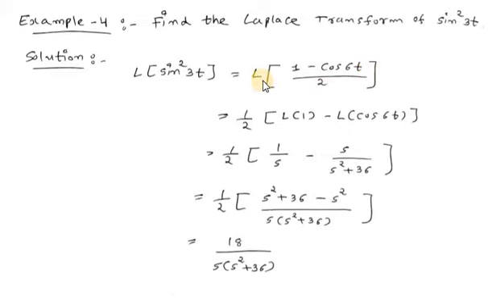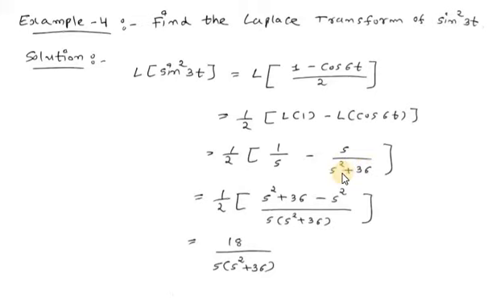Now we will apply Laplace on 1 and cos 6t, and this 2 is a constant value. So 1 by 2 as it is, and Laplace of 1 minus Laplace of cos 6t. Laplace of 1 is 1 upon s, and minus Laplace of cos 6t, the answer is s over s square plus a square, and a is 6, so 6 square is 36.